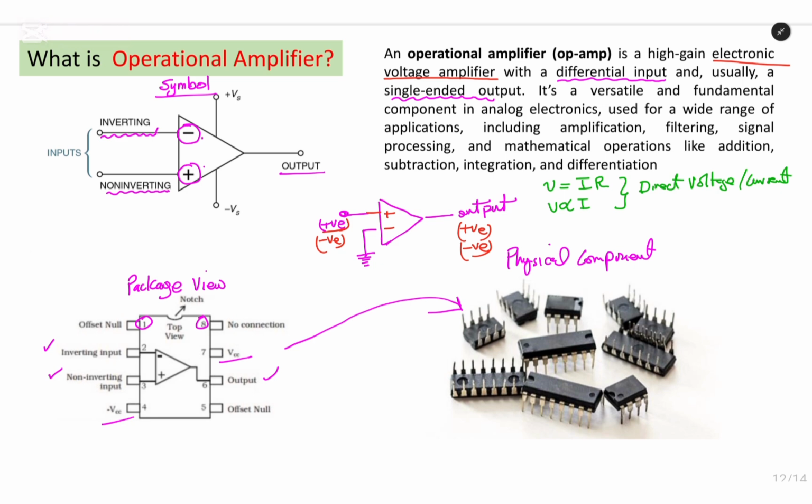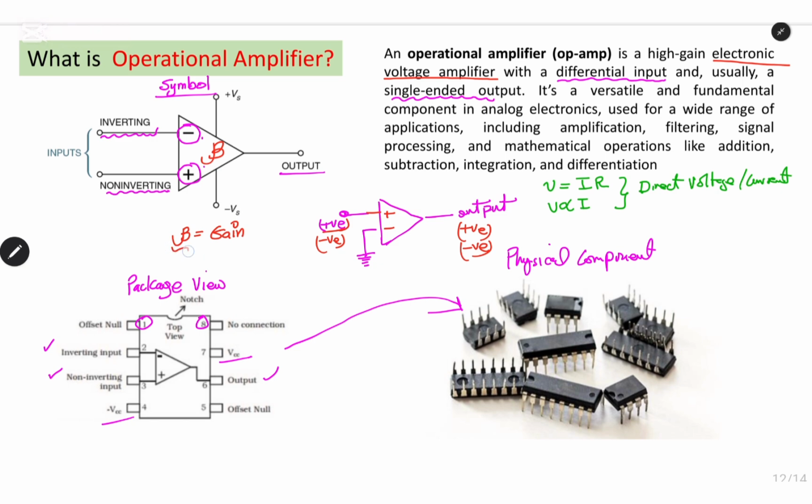And since it is an amplifier circuit, the amplifier has what is known as the beta. And this beta is known as the gain of this amplifier. Similar to what we talked about with a transistor, the amplifier has a gain.